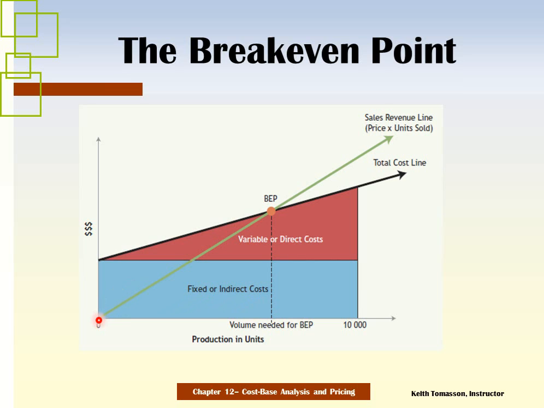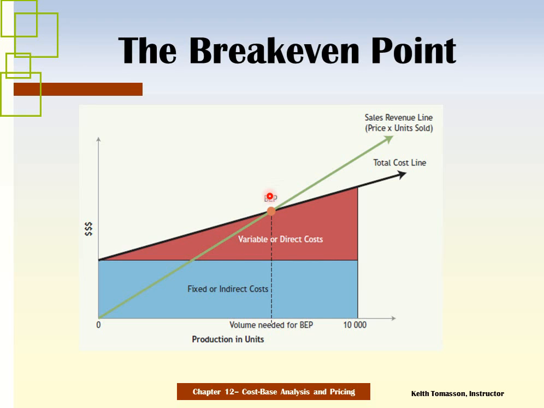So if we have no sales and no production, of course, our revenue is zero at this point. For every unit we sell, it will increase by the amount of the sales price per unit. So it will increase in a linear fashion.